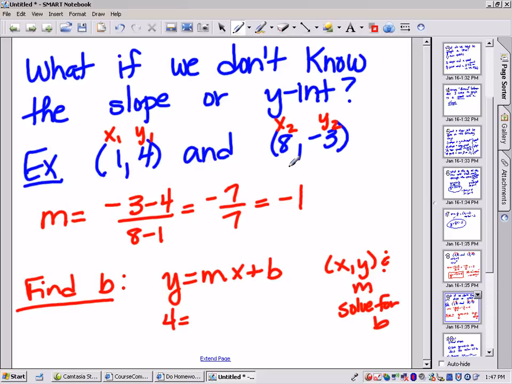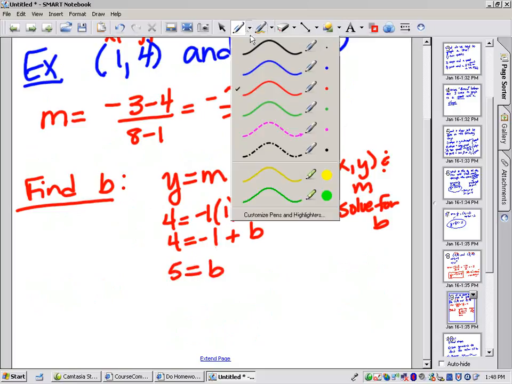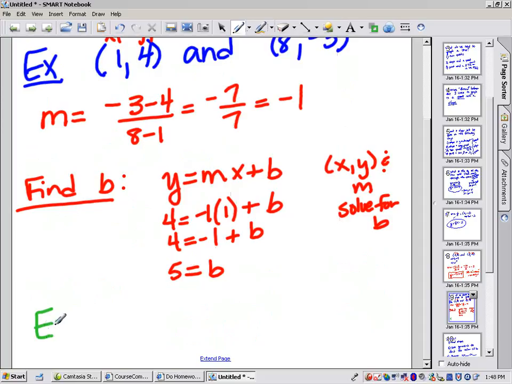I'm using one without negatives, so 4 is equal to -1 times x, which is 1, plus b. So that's 4 is equal to -1 plus b. So to solve for b, we have to add 1 to both sides to get 5 is equal to b. So our equation here is going to be y is equal to -1x, or just -x, plus 5.